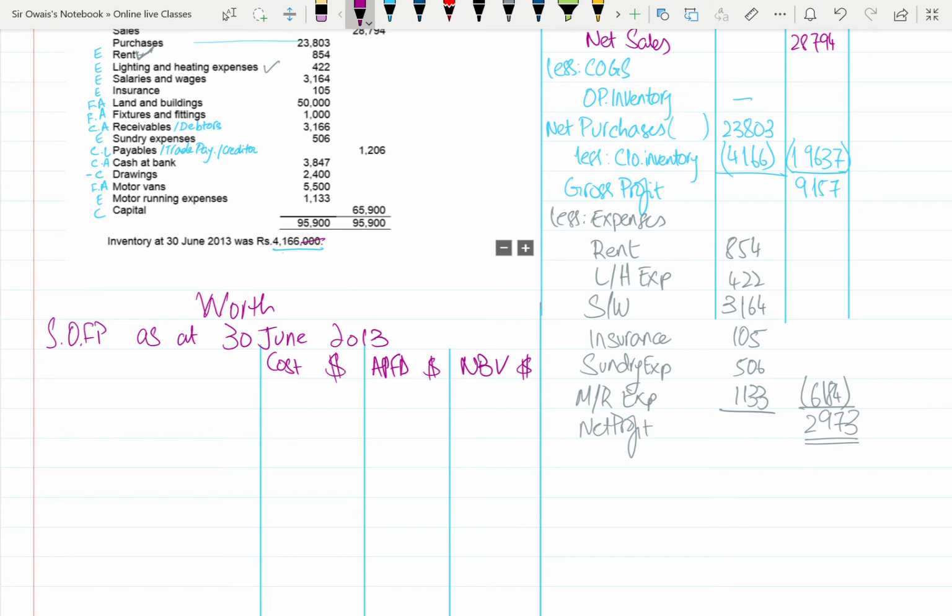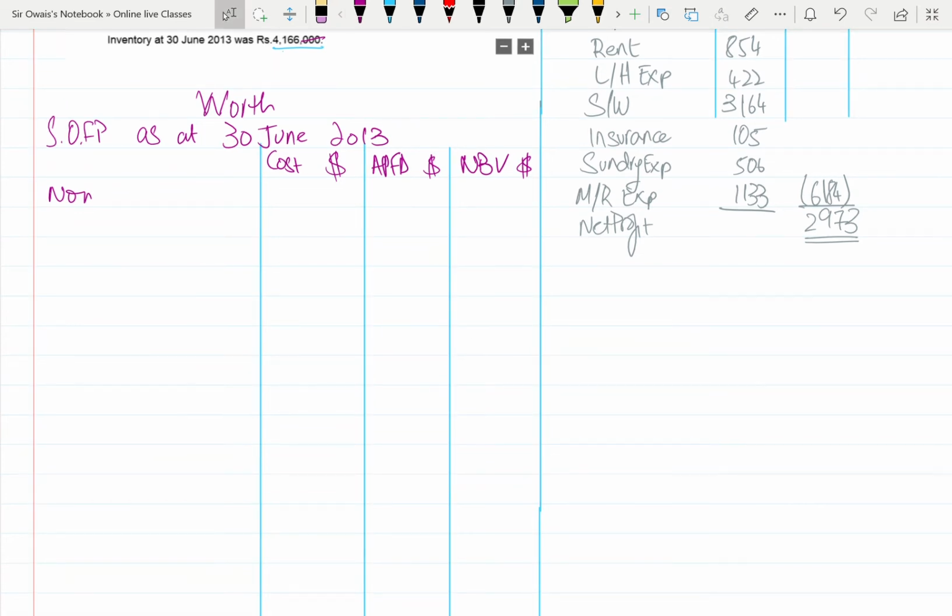Okay, so in this balance sheet format, we first need to write the non-current assets.